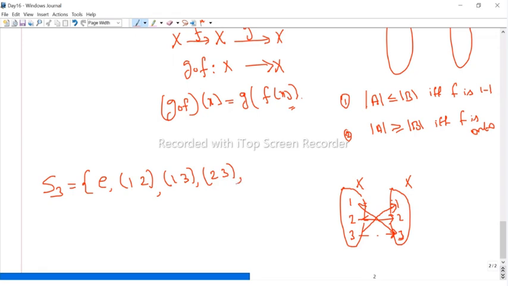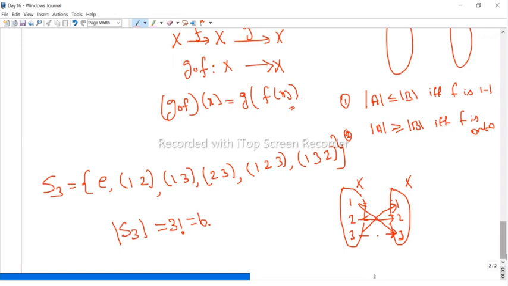This is another bijective function. Another function you can write is 1 maps to 2, 2 maps to 3, 3 maps to 1. And if you take 1 maps to 3, 3 maps to 2, 2 maps to 1, this is another function. So there are totally 6 functions in S3. Therefore the cardinality of S3 is 6, which is 3 factorial.